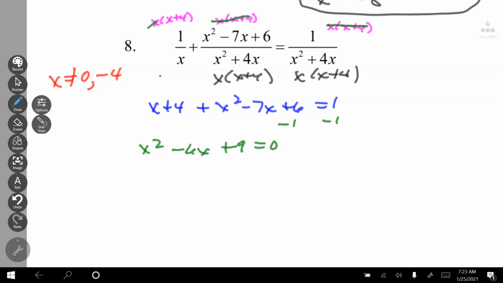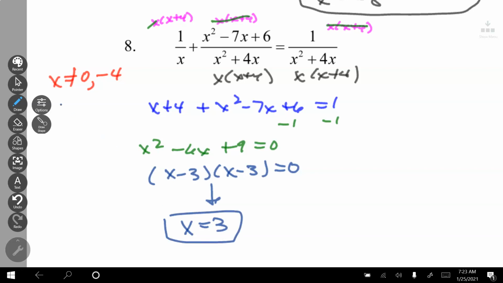And when I factor this, I get x minus 3, and I actually get x minus 3 again. So I really only get one solution of x is equal to 3. That's not a conflict from the beginning. So this is called a double root. Same solution twice.